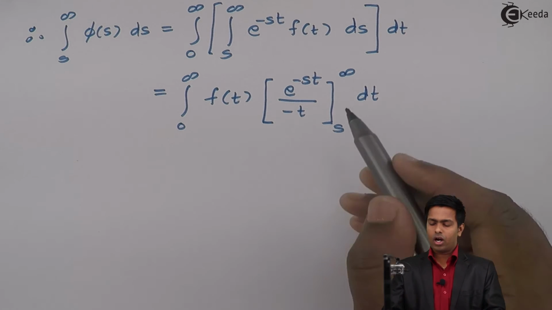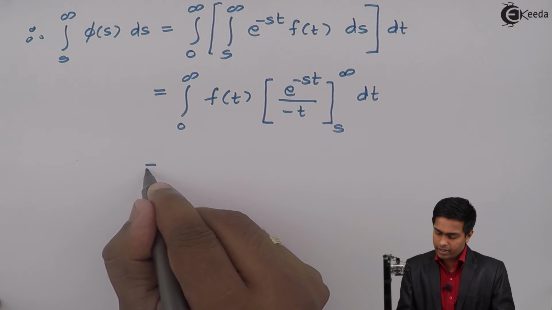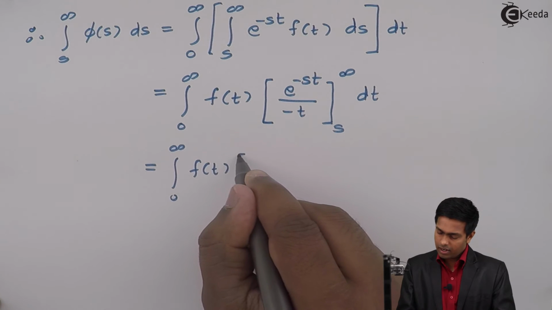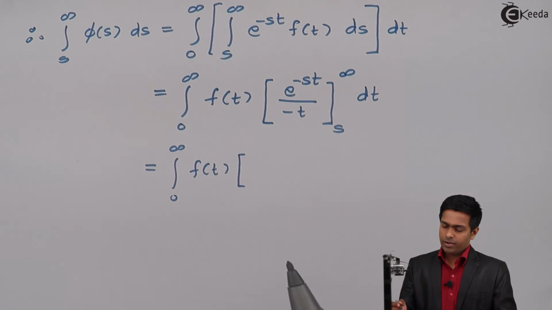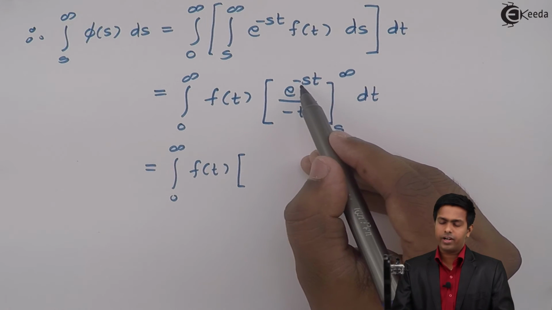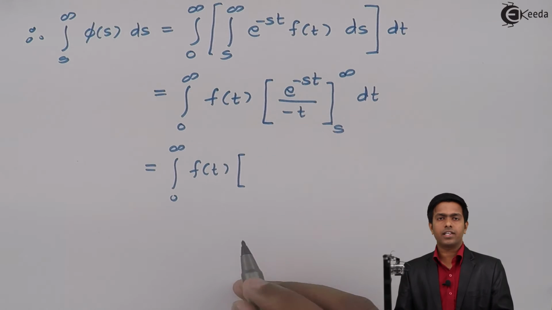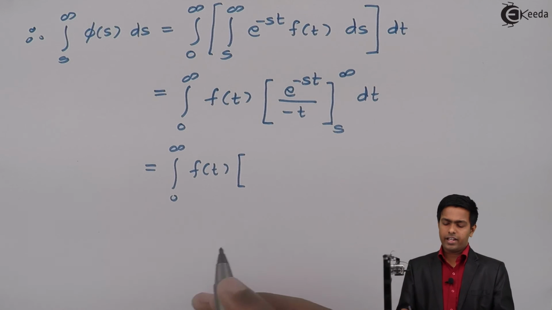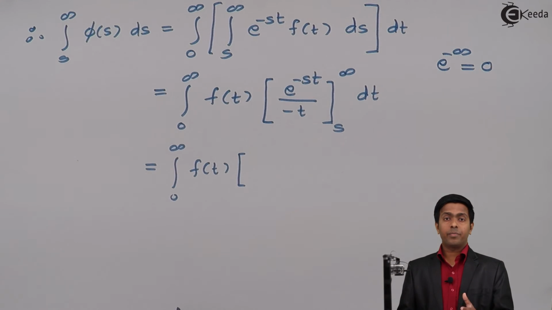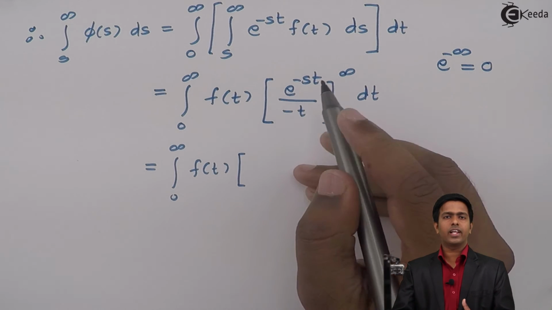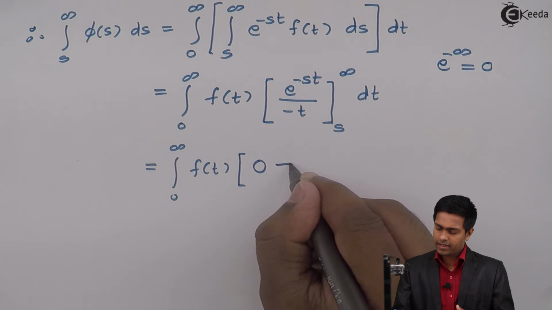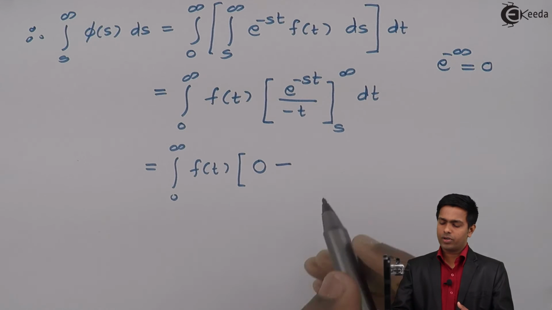Now let's substitute the upper and lower limits. So here we'll get integration 0 to infinity f of t as it is, and in brackets, when I put s as infinity, we get e raised to minus infinity, and we know that e raised to minus infinity is equal to 0. It means when we substitute the upper limit, we'll get 0. Next, the middle sign is negative, and now we'll substitute the lower limit.